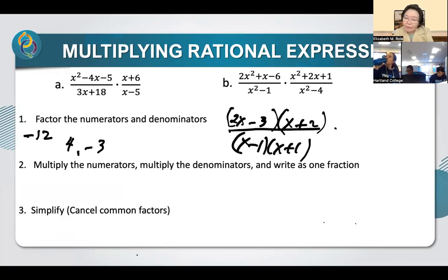What are the factors of x squared plus 2x plus 1? What kind of trinomial is this? x squared plus 2x plus 1? Is that a perfect square trinomial? Yes. All right. So the factors will now be x plus 1 squared, but you can just separate that: x plus 1 times x plus 1, or x plus 1 squared.